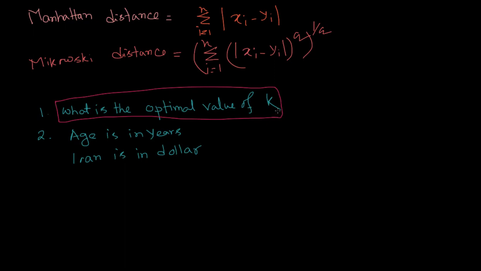Now there are a couple of methods. I think one of the methods is, if you just redo this experiment again and again with a lot of different k values, you may come up with this kind of graph.